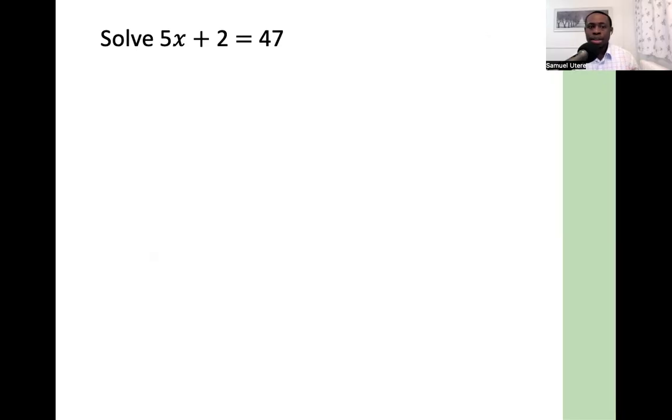So here is something you need to know. When you're asked to solve an equation, you are required to find what x is. So remember, x is a number. So 5x means 5 times x. So 5 times a number we do not know, add 2 will be equal to 47.